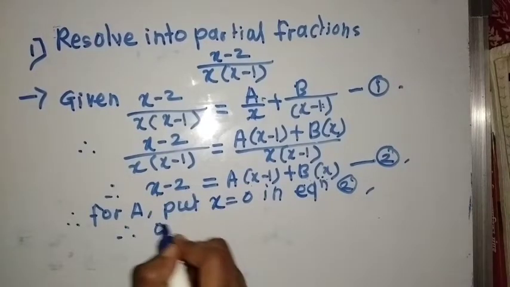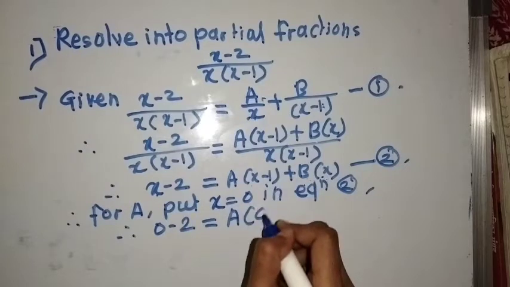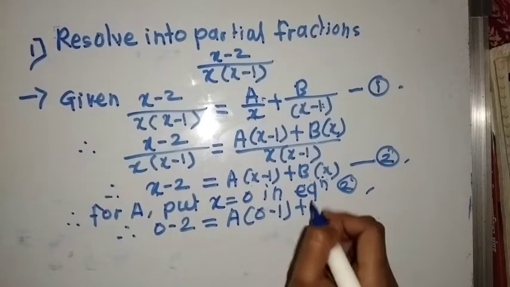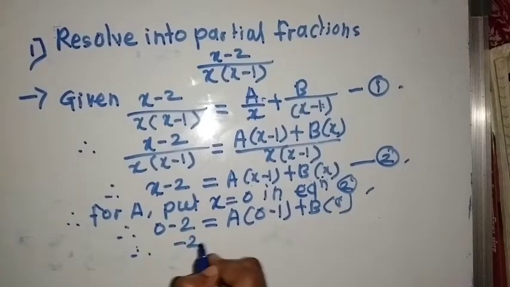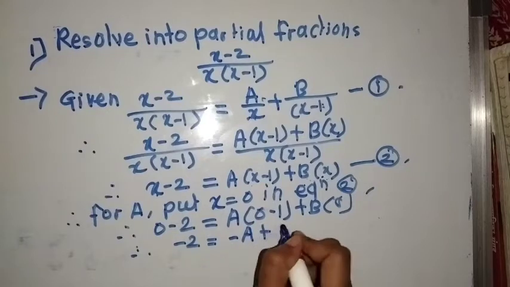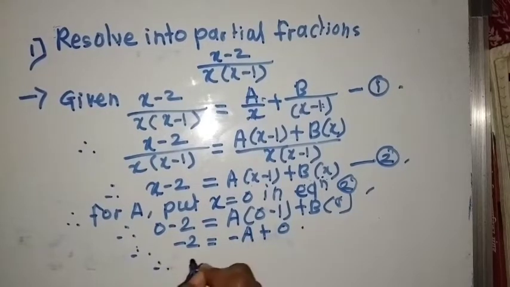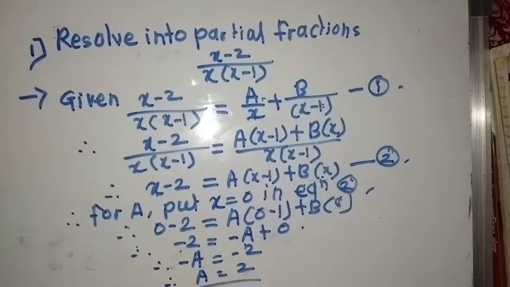Hence 0 minus 2 is equal to A(0 minus 1) plus B into 0. Hence we get minus 2 is equal to minus A plus 0. Hence minus A is equal to minus 2, so A is equal to 2.